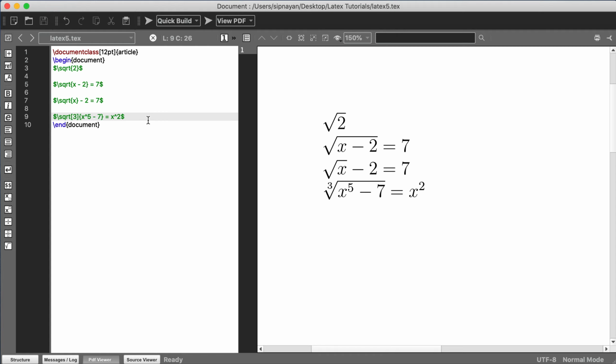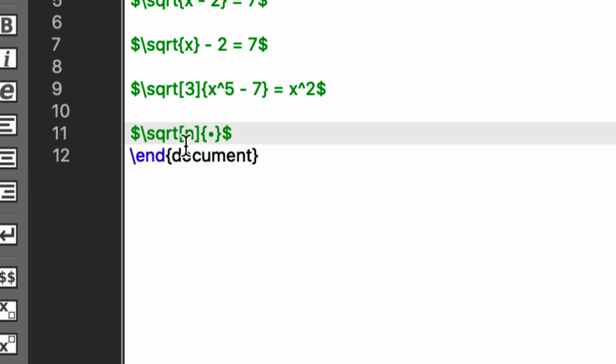Paano yung property ng radicals na nth root of AB is equal to nth root of A times nth root of B? So, square root. Since yung root natin ay n, yung index natin ay n, lagay natin yung n dito, nth root of AB. So, nth root of AB tapos equal nth root of A. So, ganun din.